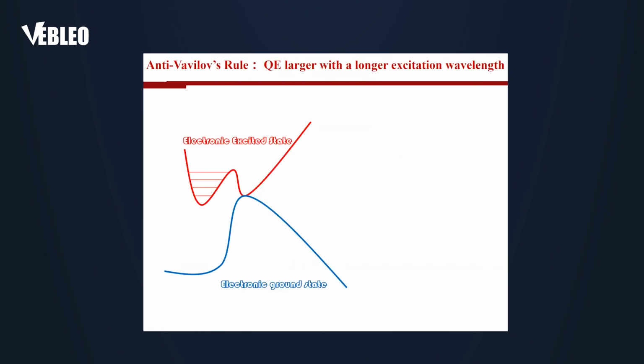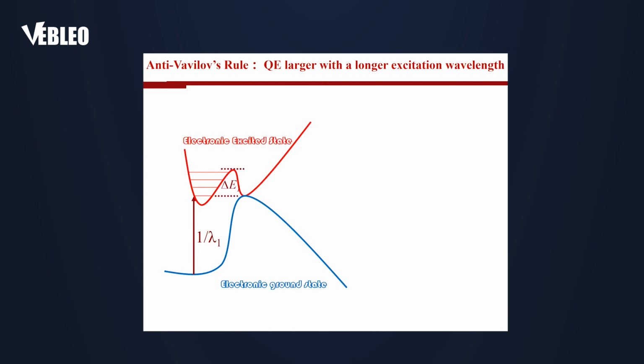But now, we know that these AIE molecules have a very special potential surface. So its electronic excited state may have a conical intersection with the electronic ground state. Let's look at the potential surface. If this molecule is excited by a longer wavelength, then certainly this molecule goes to a lower vibrational state, right?